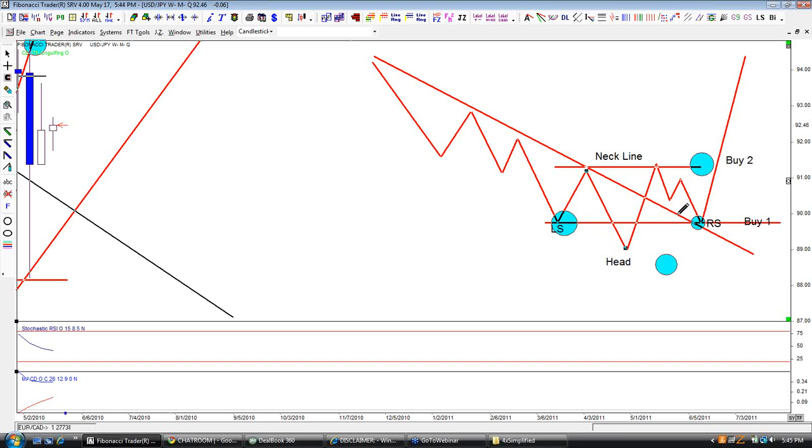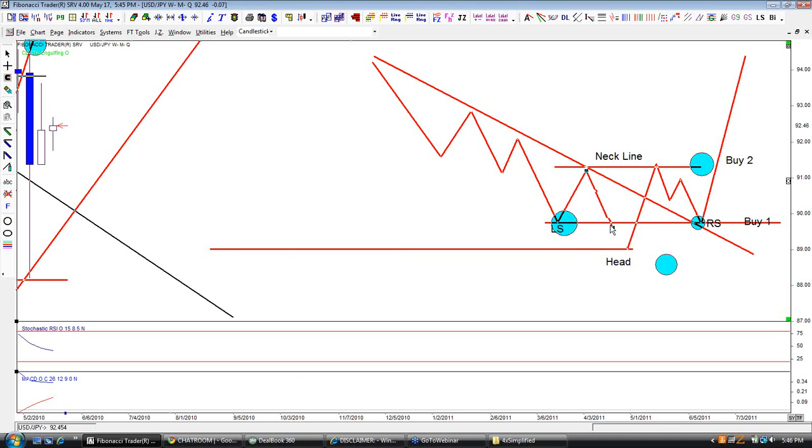Now we need to have some kind of reason to believe that price will change direction at this level. Maybe from a previous support, or maybe a bigger swing that has a fib level at this price level here.